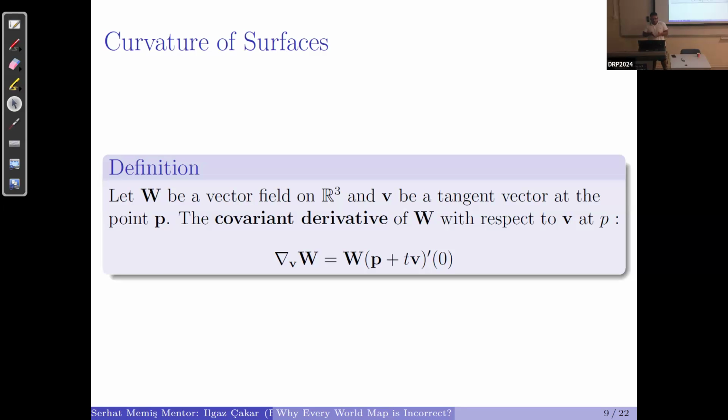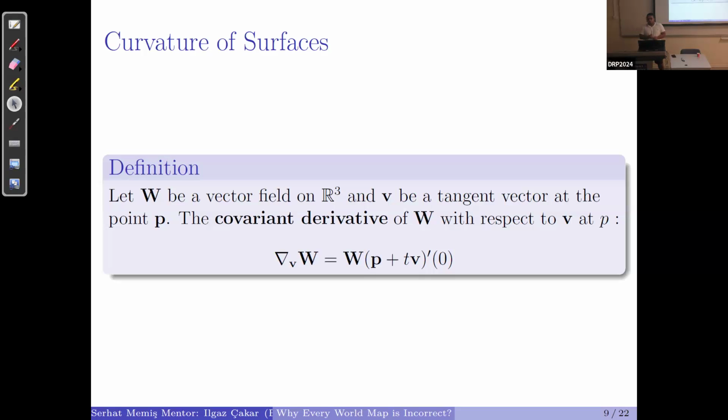And the geometric meaning of this is the initial rate of change of the vector field when we go along that vector. So the geometric meaning is this. Now we have defined the derivative.